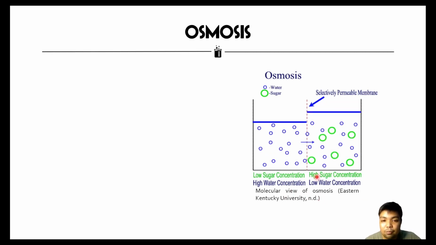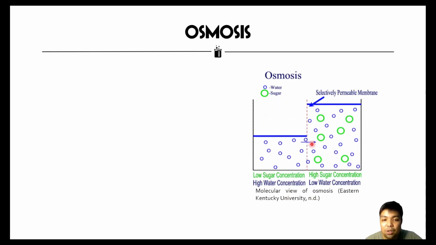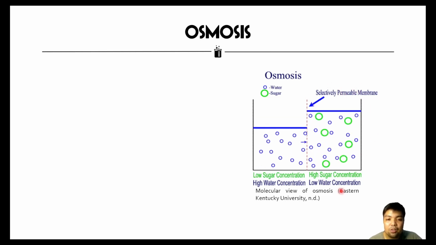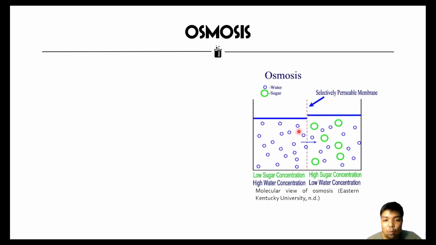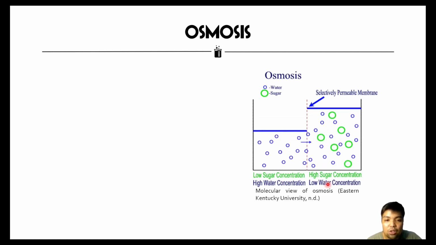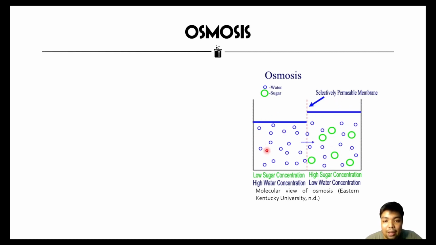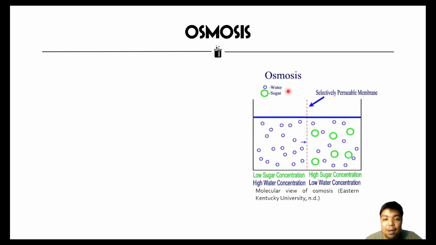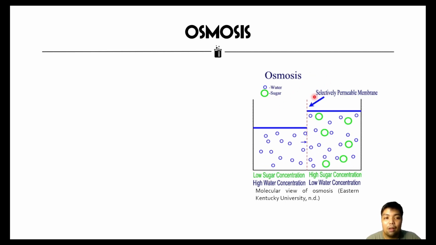Now, since this side has a lower concentration of solute, your sugar, and this side has a higher sugar concentration, water will move to the solution of higher concentration so that it dilutes. The lower sugar concentration side becomes more concentrated until the concentration of both solutions on both sides of the membrane is the same.